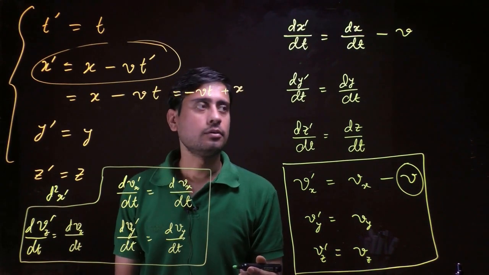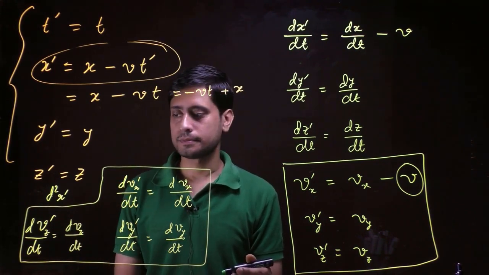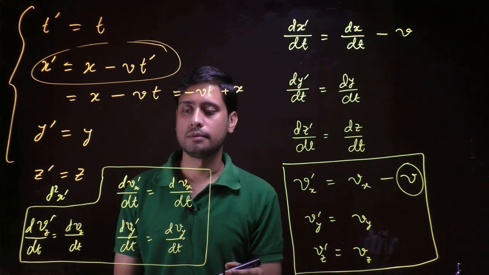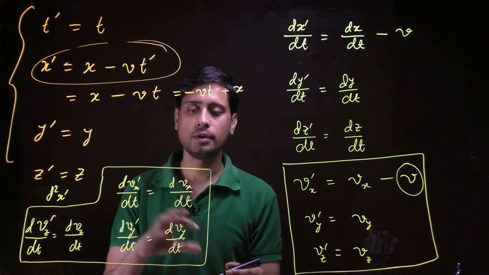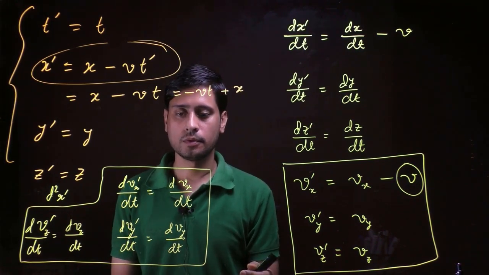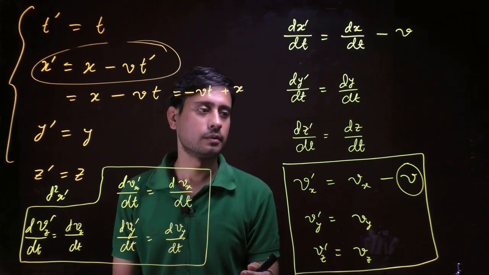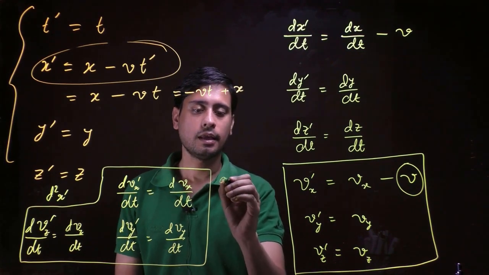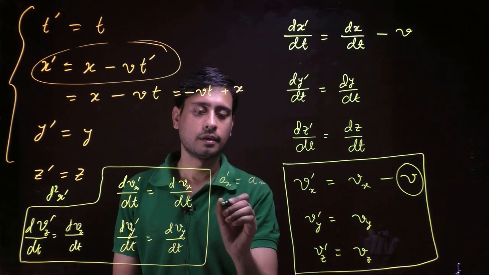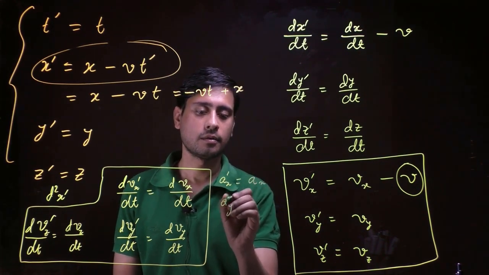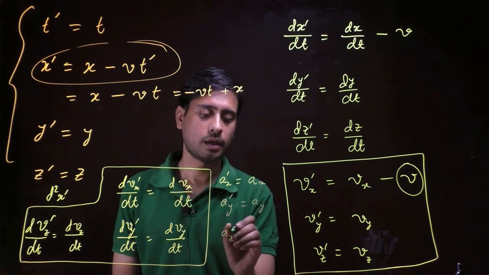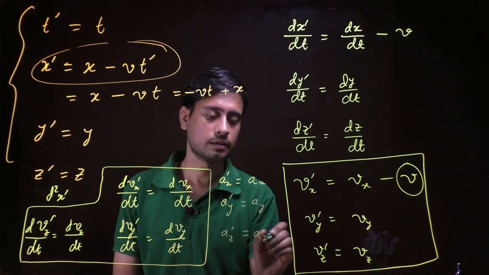So finally we conclude from here that the derivative of the velocity, that is the accelerations with respect to the two reference frames, are the same. So we can say here that ax prime equals ax, ay prime equals ay, and az prime equals az.